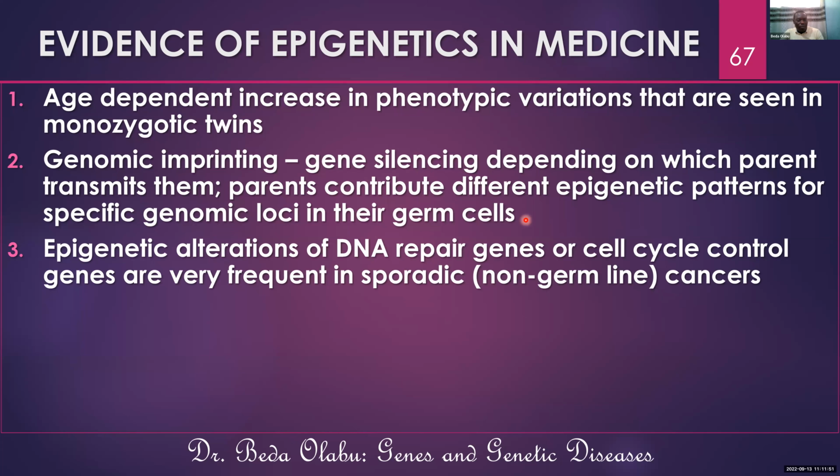You can also have some epigenetic alterations that affect DNA repair or that affect the genes that control the cell cycle. If you have alterations on those genes, it can be bad because now this can actually cause alterations that even lead to development of cancers. We'll talk more about cancers next week.